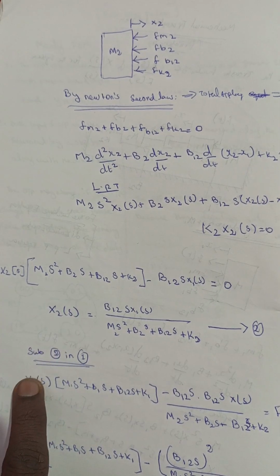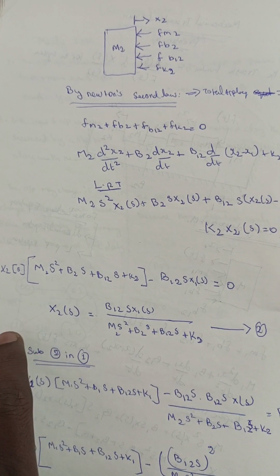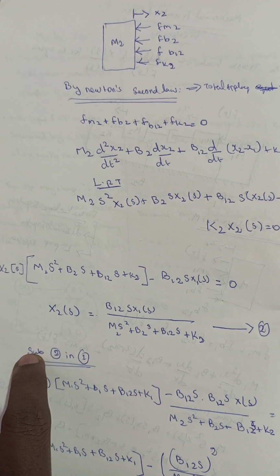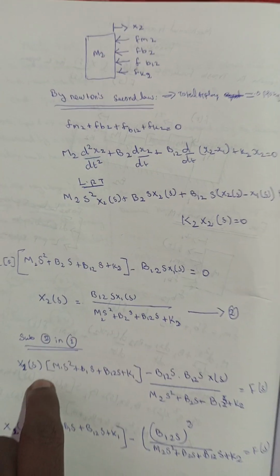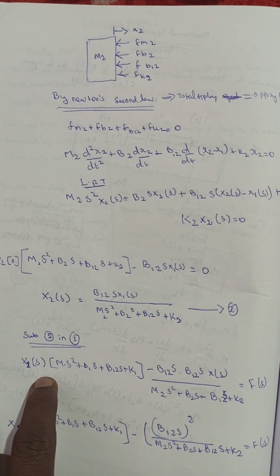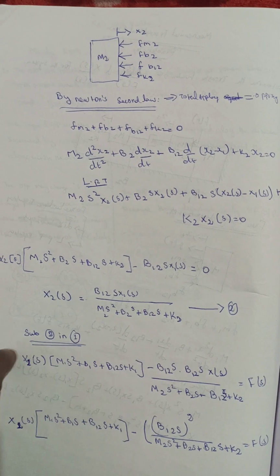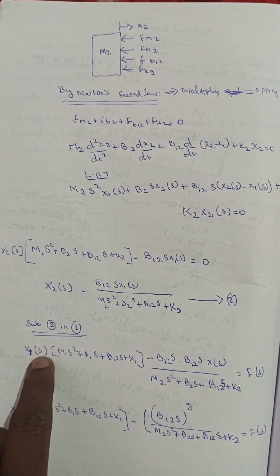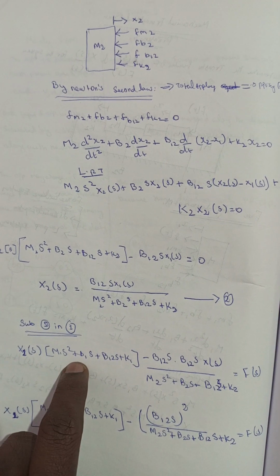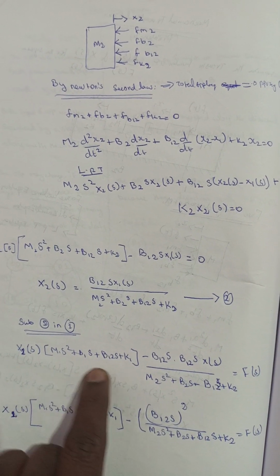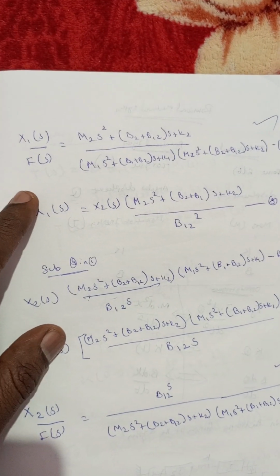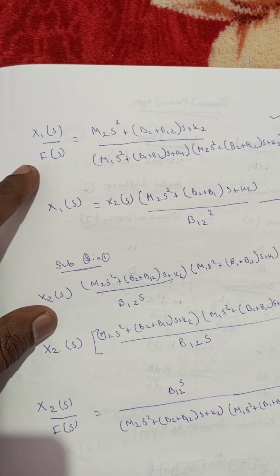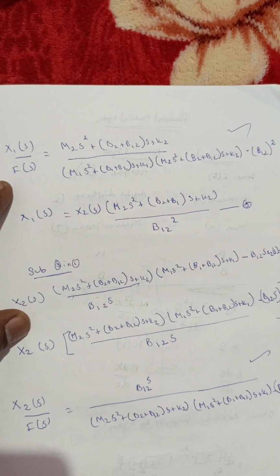So we have to substitute equation 2 in equation 1. This is our equation number 1, and we substitute this value of X2(s) in this equation.